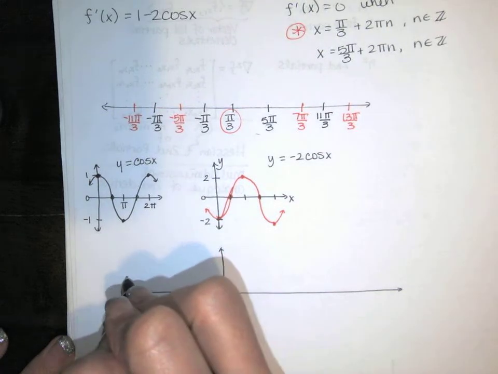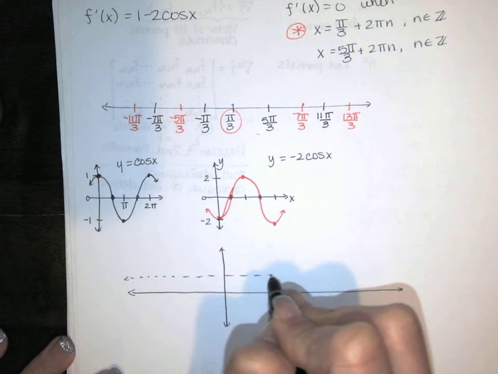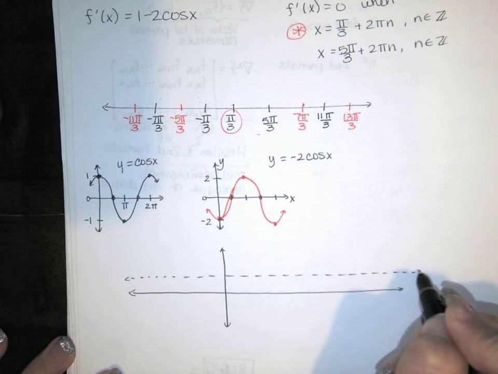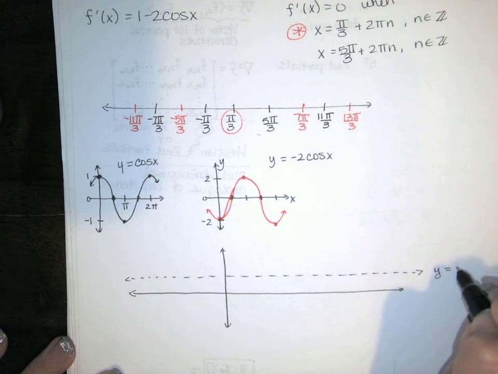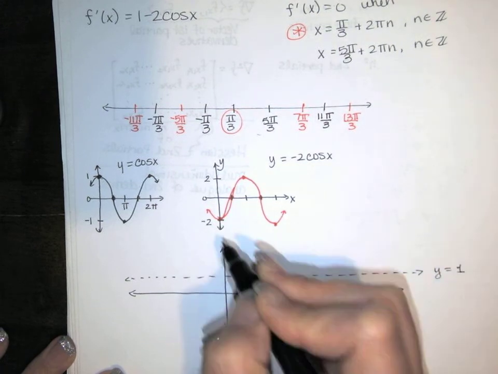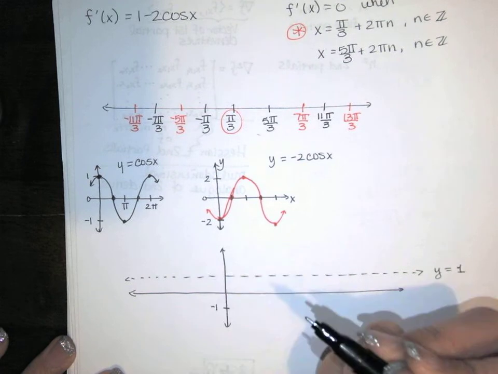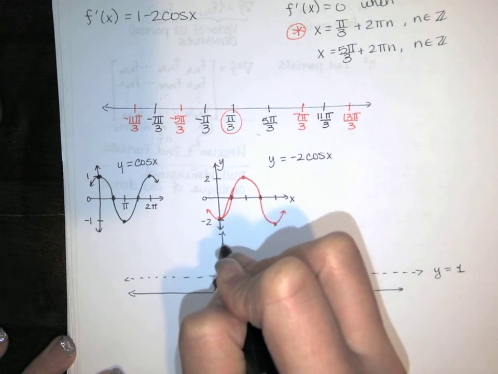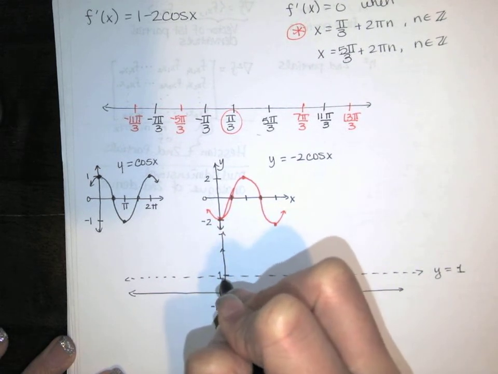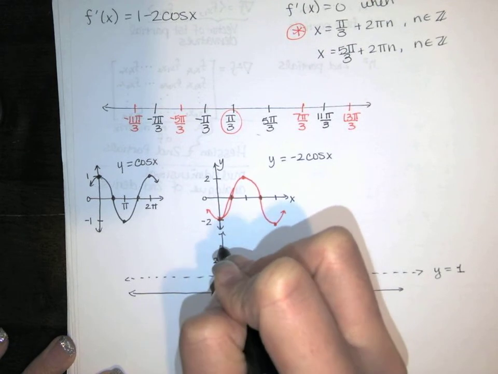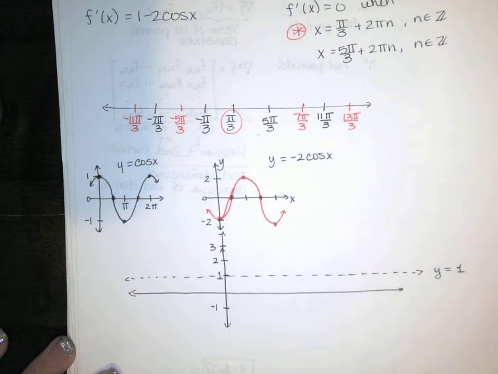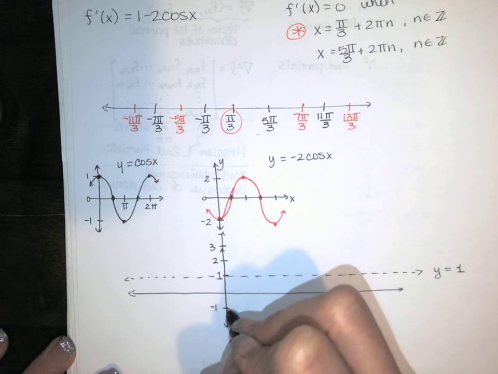My center line is going to shift up to y equals 1. So instead of going from negative 2 to 2, if I add 1 to everything, I'm going from negative 1 to 3. So we're going to start at the bottom, negative 1.